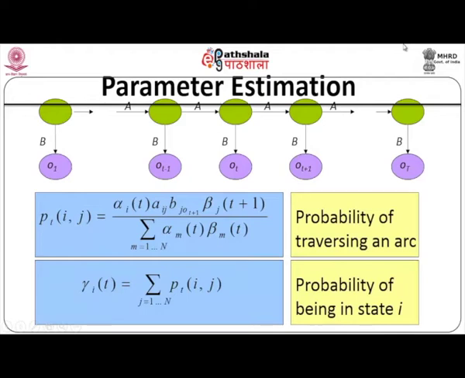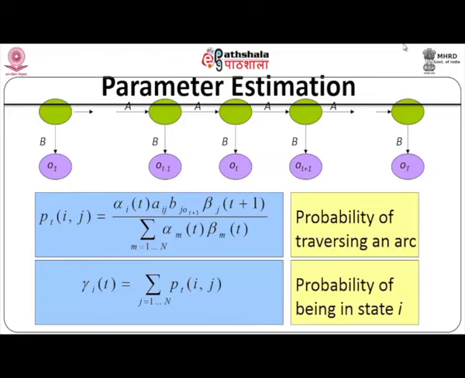Now, the probability of traversing an arc from i to j is the forward probability of being in that state at time t, times the transition probability of going from i to j, times the probability of observing O at time t+1 in state j, times beta_j(t+1), the backward probability of being in j at t+1, because you have gone from i to j.